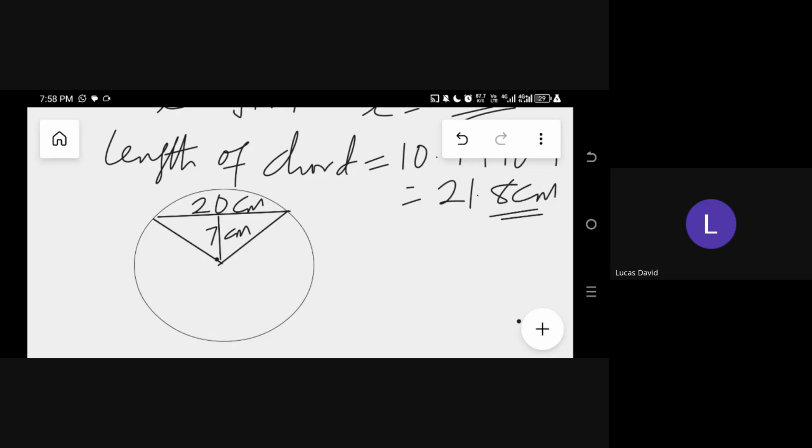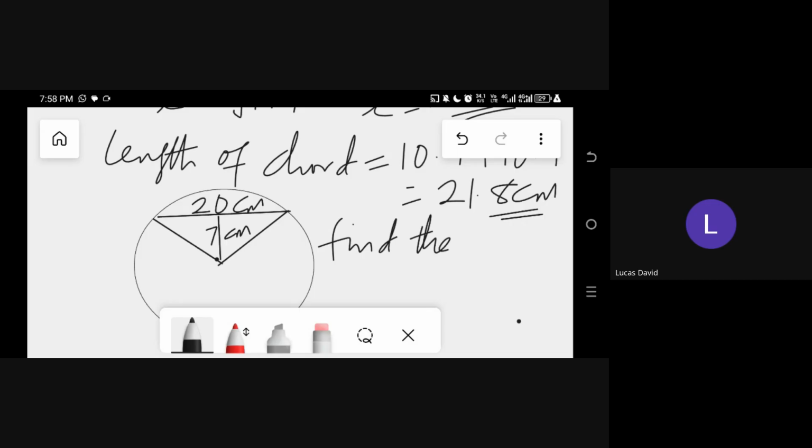Whose question was it here? Winner, this question is yours. The length of the chord is 20 centimeters. The distance of the chord from the center of the circle is 7 centimeters. Find the radius.